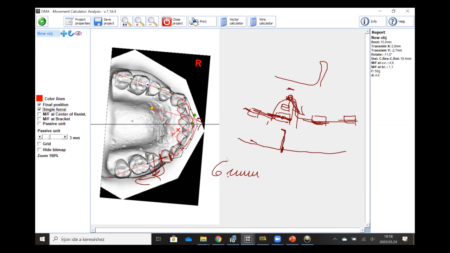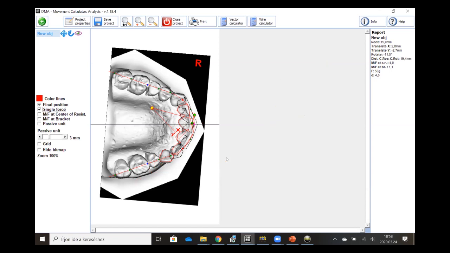I want you to think. Now, let's assume that we have a passive TPA here. And we are applying this force to the anterior teeth.